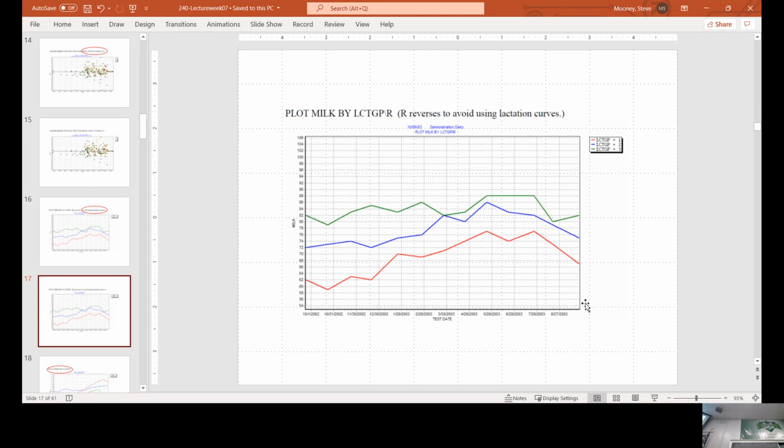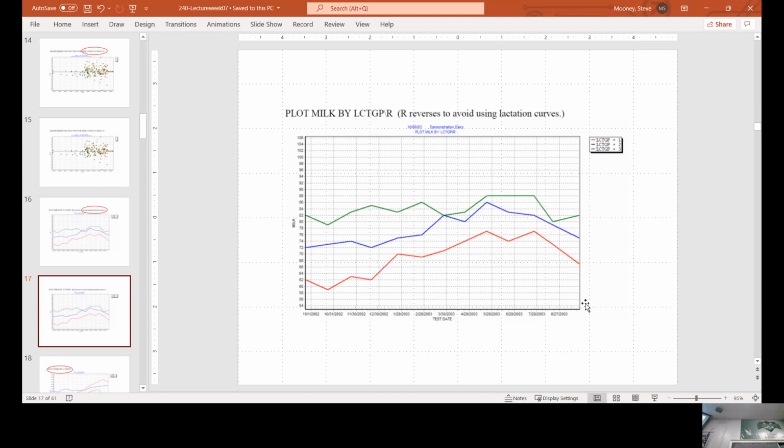If we're falling down the lactation curve, we got a whole bunch of animals that peak over here, and then the herd is going down the lactation curve. We're moving up in average days in milk, then maybe that drop is normal. But we have to ask, why are we low here?